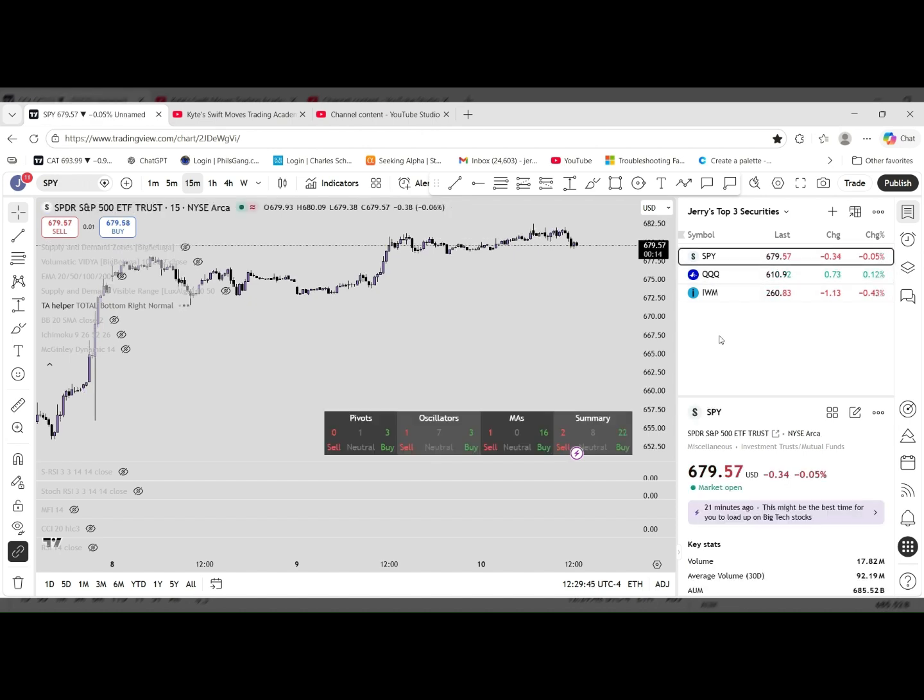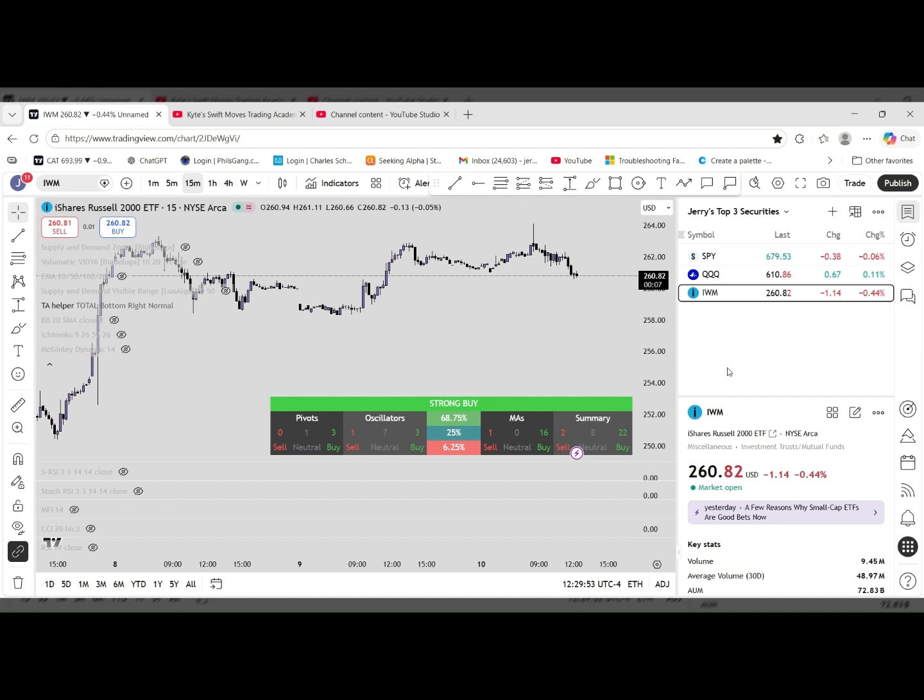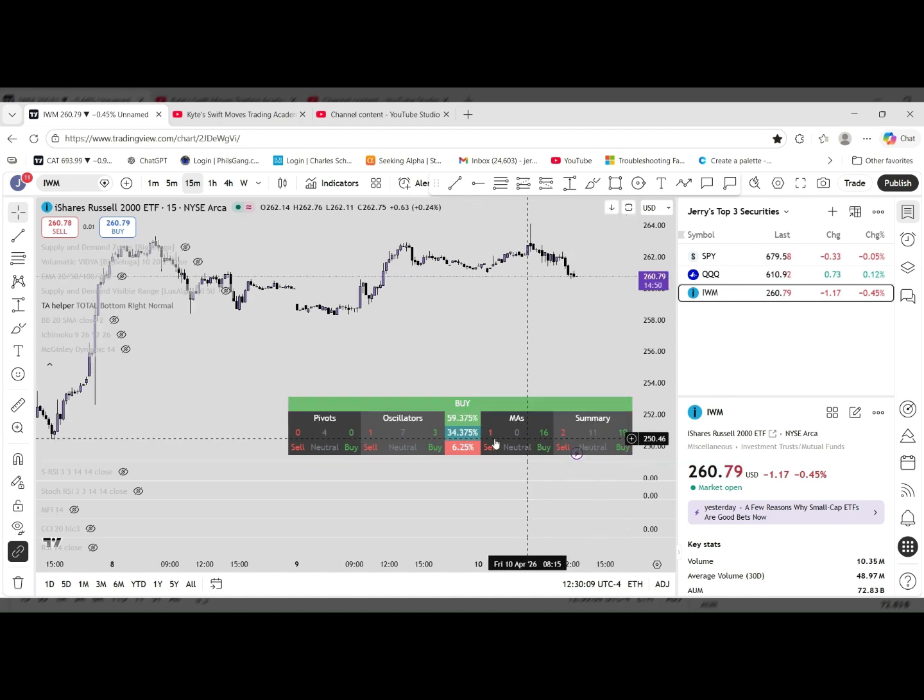If I go to SPY, again it's a strong buy. And it looks like the same thing with the IWM. What they're showing you here are the pivots, the oscillators, the moving averages, and then the summary. That's where they get this evaluation from: they're looking at the totals, whether it's in a buy mode or a sell mode.